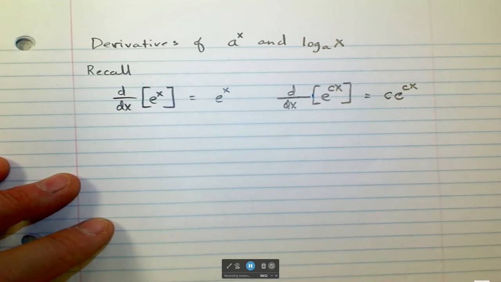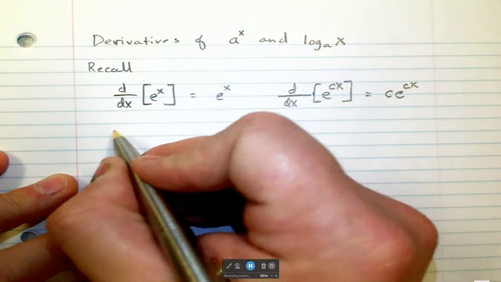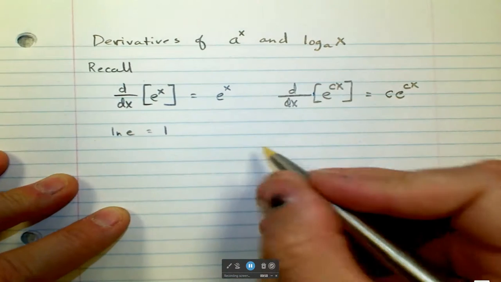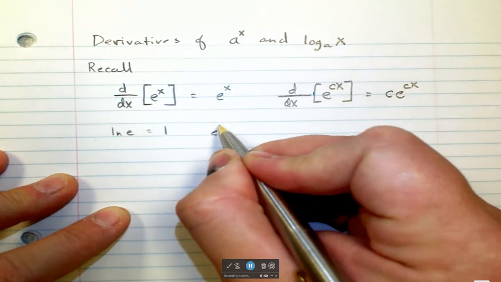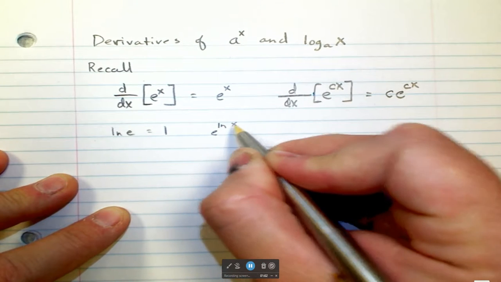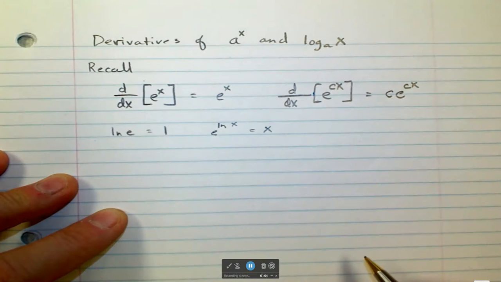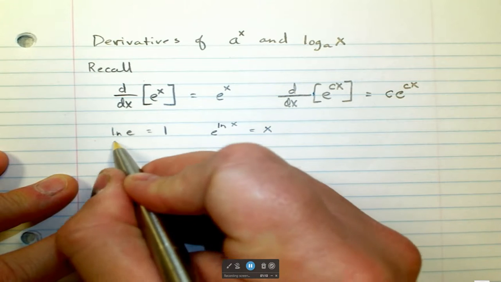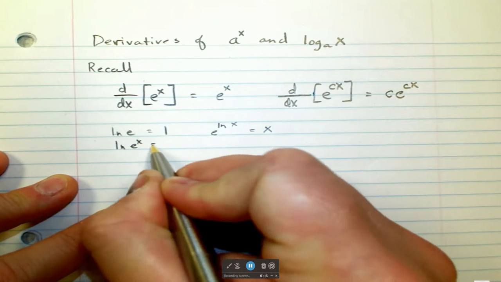One other thing we need to remember is that the natural log of e is 1, and e to the natural log of x is x. And if we change this one up, natural log of e to the x is x.